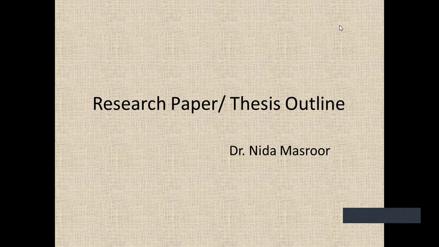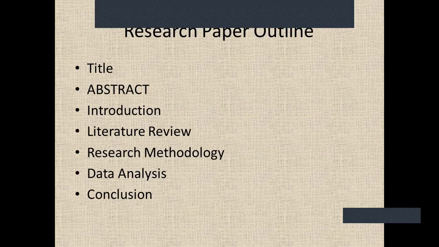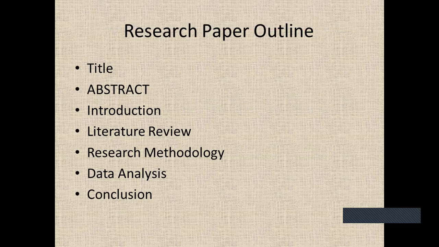First of all, we need to discuss the basic components of a research paper or the thesis outline. The first and foremost important thing is defining the title of the research. Your title should clearly indicate the nature of the research, and it will automatically define a roadmap for the research methodology.